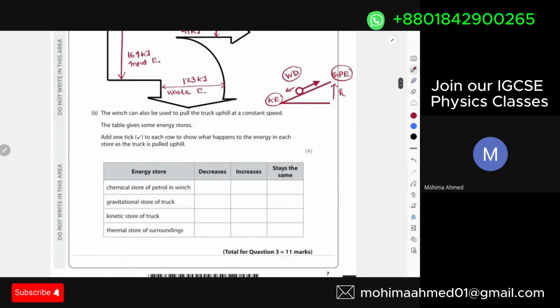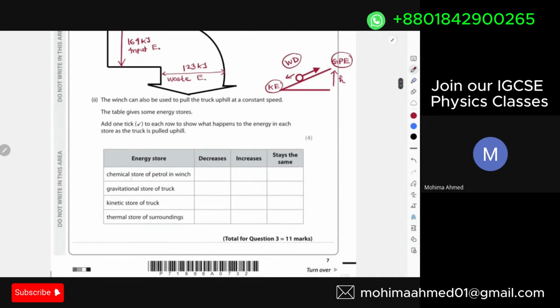So if I have to explain this scenario, it says chemical store of petrol in winch. The winch is providing energy by burning the petrol, right? As it is burning the petrol to move uphill, the engine is burning fuel.